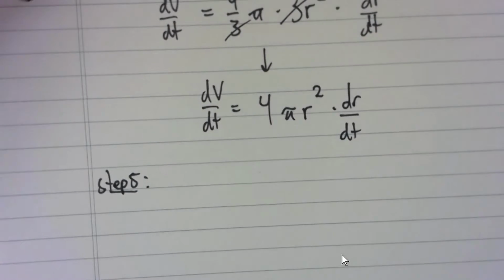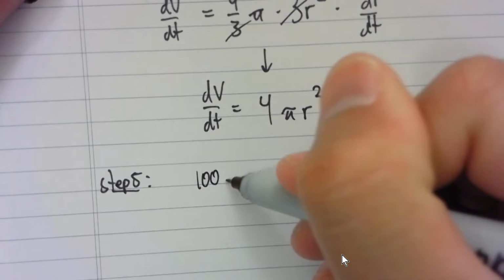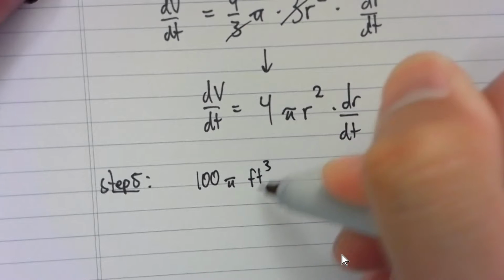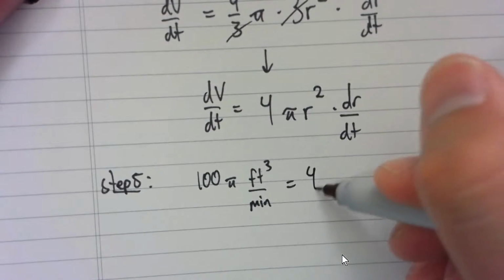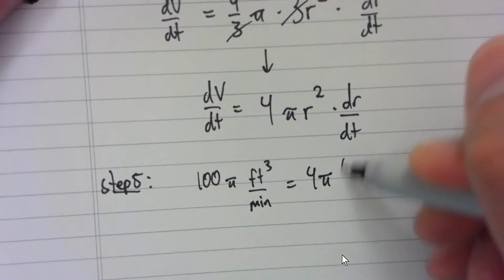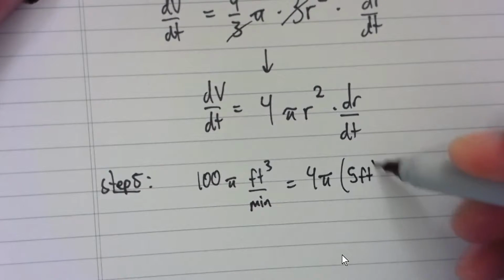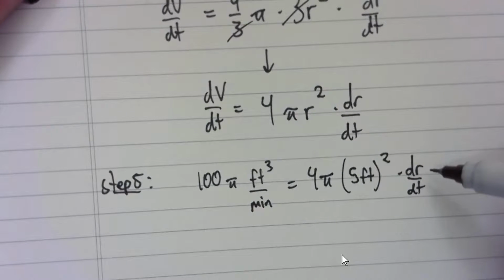So let's put in some values here. So in place of dV over dt is going to be 100 pi feet cubed per minute. I do like to include the units. 4 pi times r squared, which is going to be 5 feet squared times dr over dt, and we're going to solve for dr over dt.